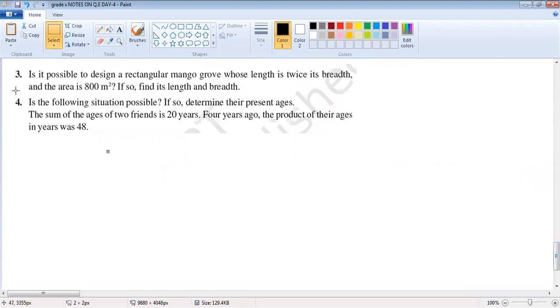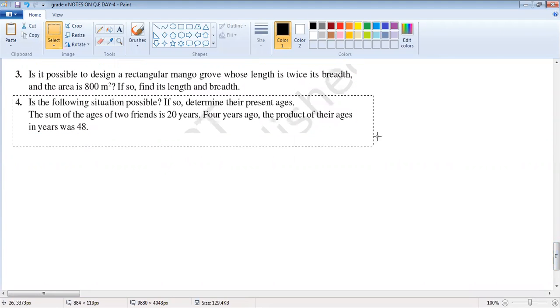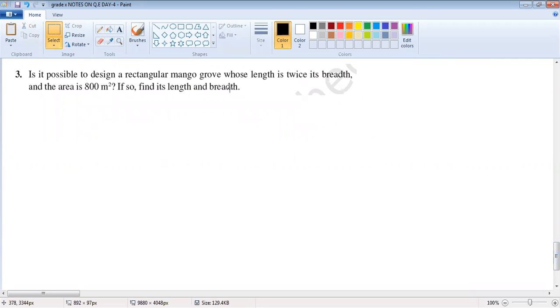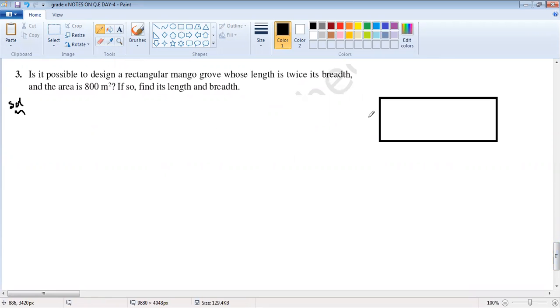Is it possible to design a rectangular mango grove whose length is twice its breadth and whose area is 800 square metres? Let the breadth be x, because the length depends upon the breadth. So the length will be 2x. Now area is length into breadth.